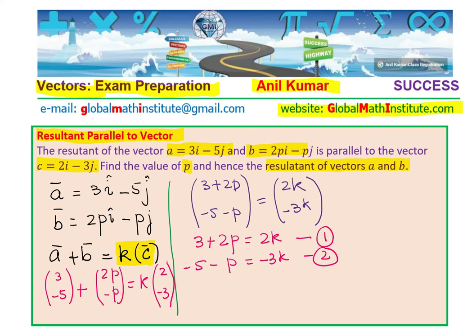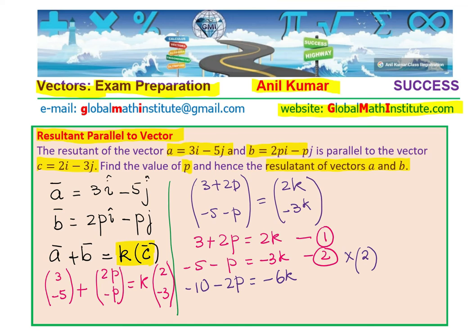Now you can eliminate any one of these. I'll prefer to eliminate p and find k first. So I'm going to multiply the second equation by 2, and then we will add them up. So if I do that, I get minus 10 minus 2p equals minus 6k.